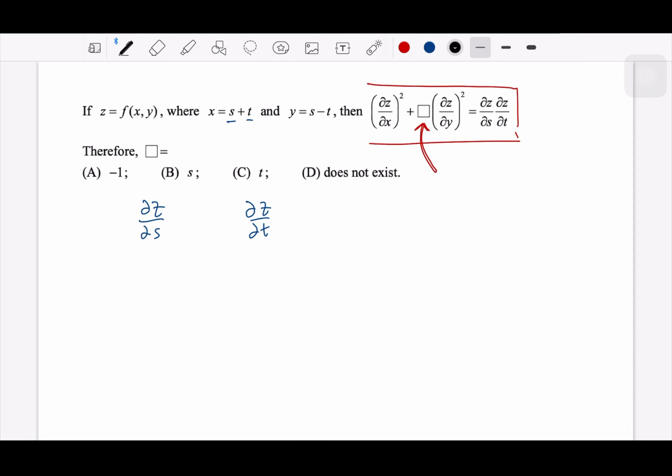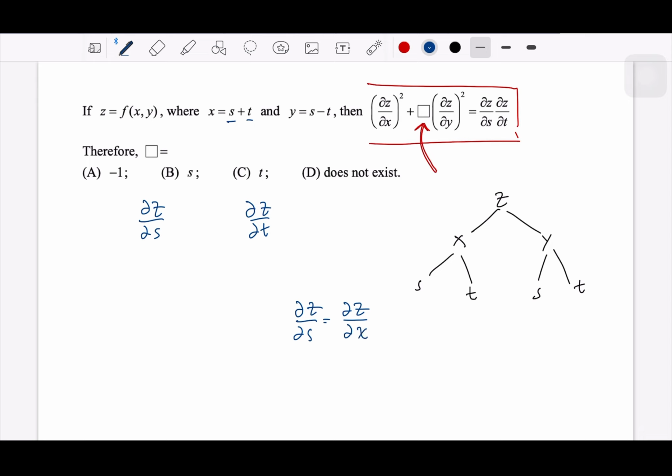So tree diagram, we can start with z. Z is having branches x and y, and x having s and t, y also having s and t.